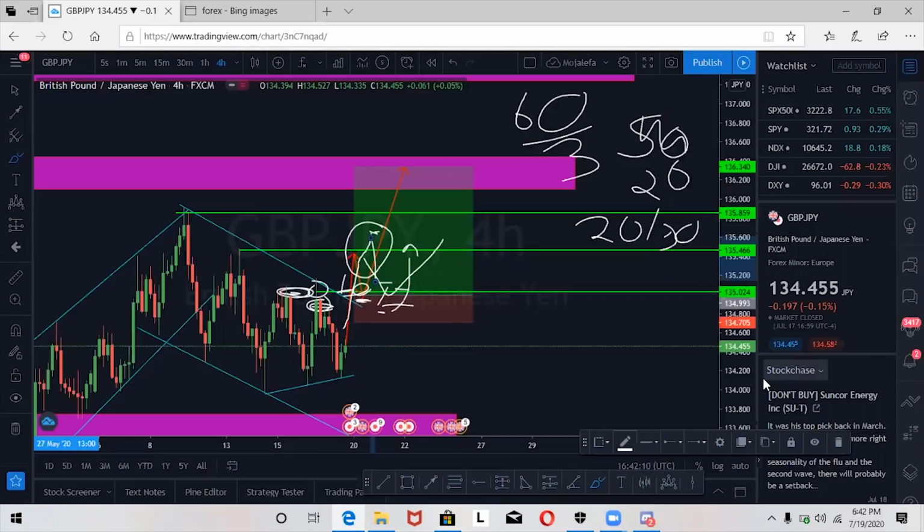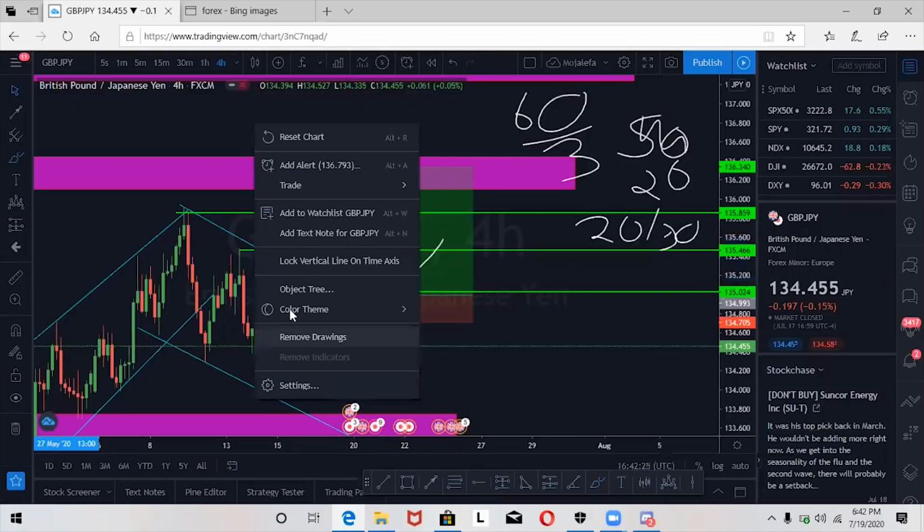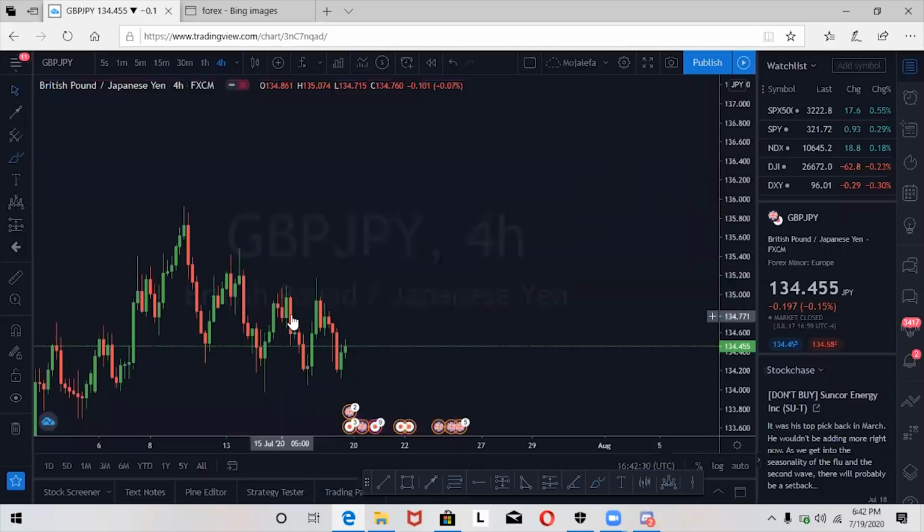So you can make a lot of money in a few minutes and get out. So that's the good part. Getting into the concept of how to trade the news, let me remove all of this so I can explain how to trade the news.